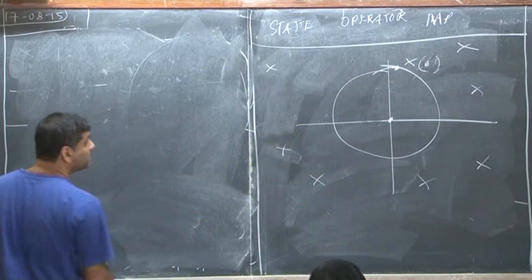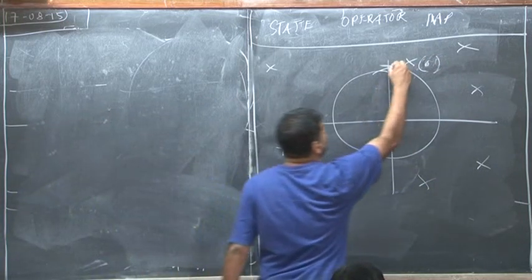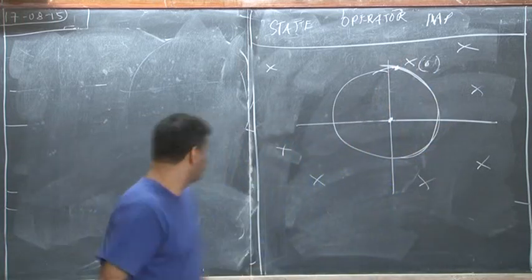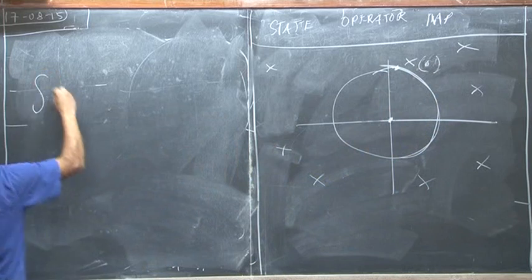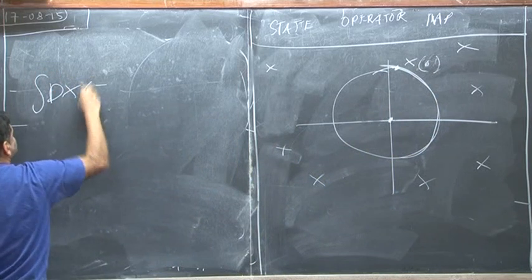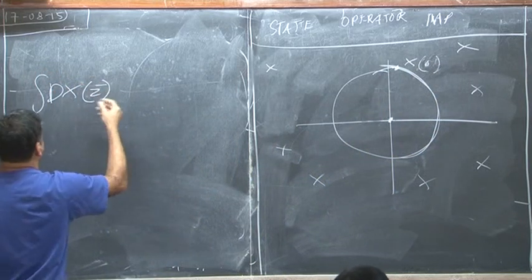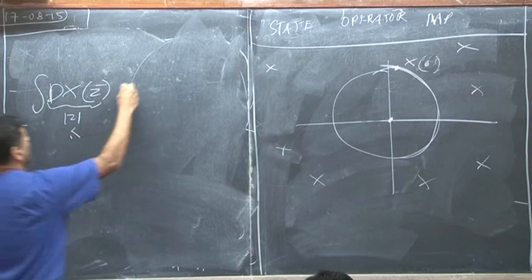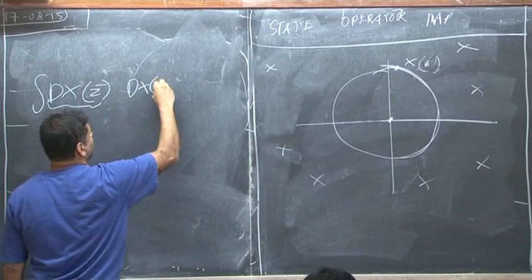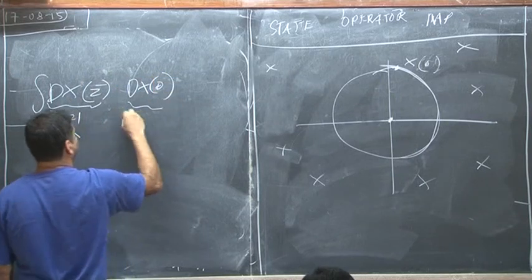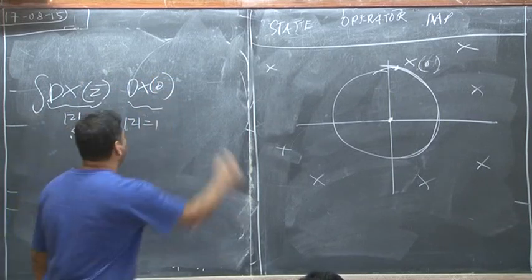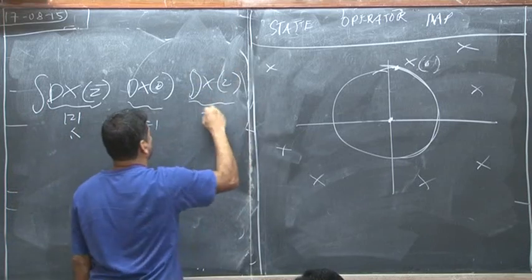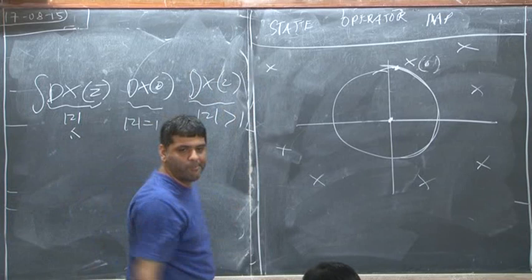There's no insertion, just a name for the fields on the disk. So what we would have is a path integral with dx of z for mod z less than 1, dx of theta for mod z equals 1, and dx of z for mod z greater than 1.